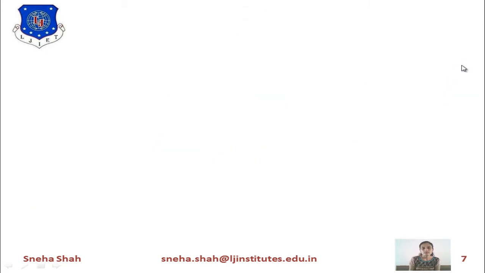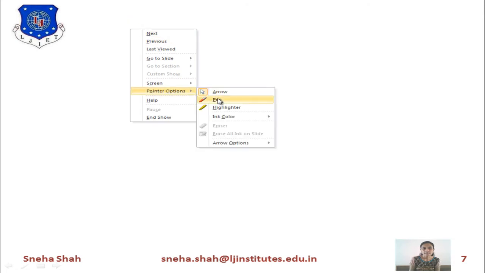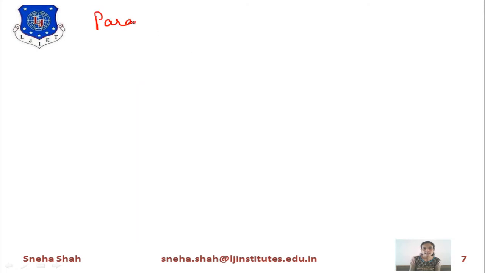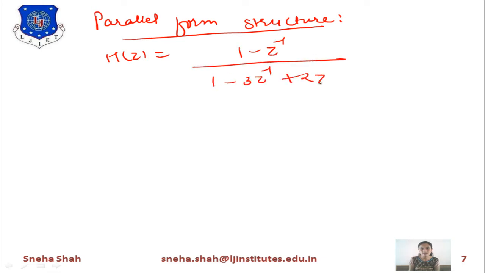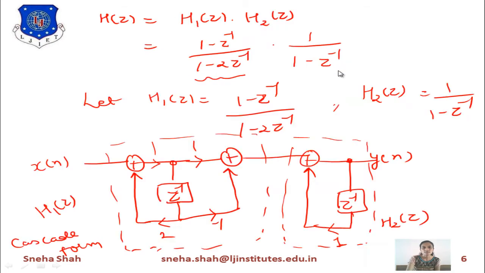Now how do we draw the parallel form structure? First of all, I write down h of z equals 1 minus z inverse upon 1 minus 3z inverse plus 2z raised to minus 2.